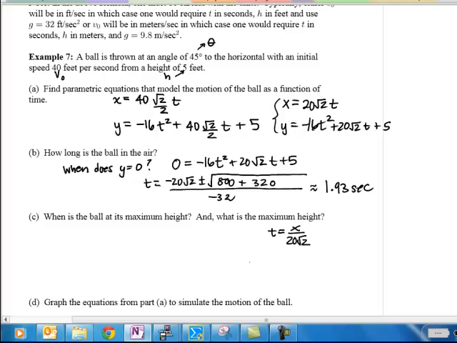And so we've got then y is equal to negative 16 times x over 20 square root of 2, squared, plus 20 square root of 2 times x over 20 square root of 2, plus 5.